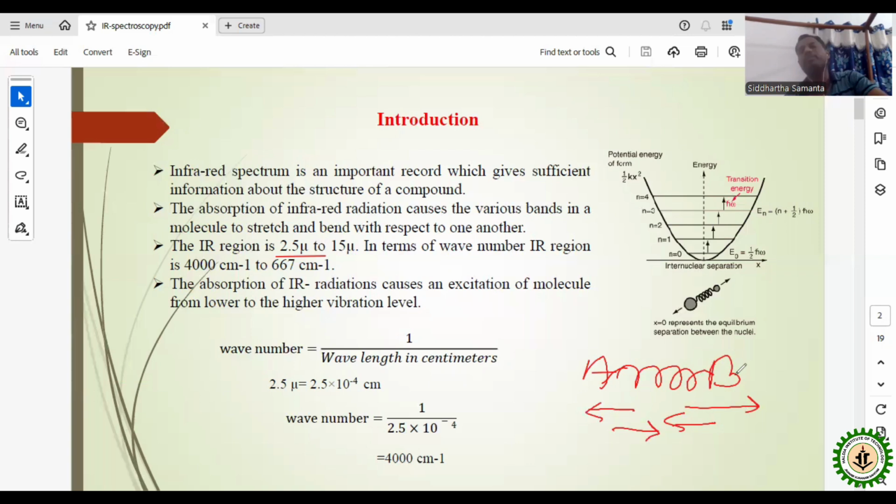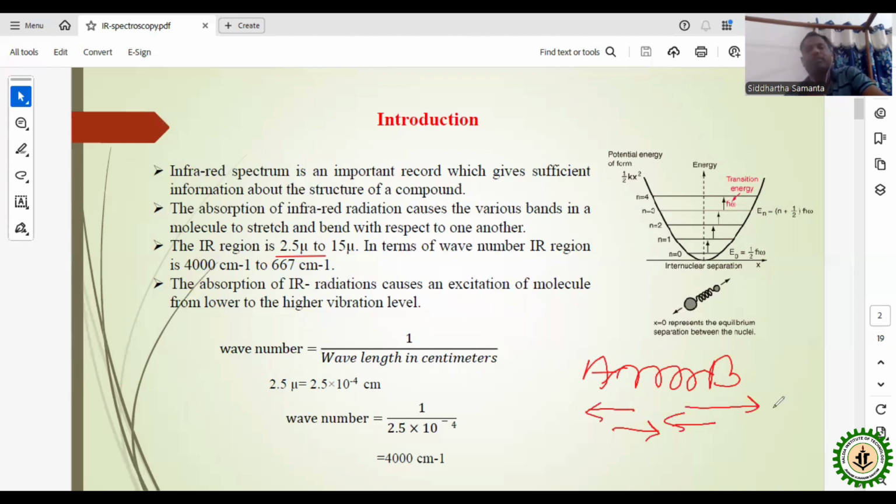Different types of functional groups absorb different energy, and we get the spectrum. So basically, in IR spectroscopy, we understand which type of functional group is present in a molecule. It may be an aldehyde, carbonyl, carboxylic acid, or OH functional group.